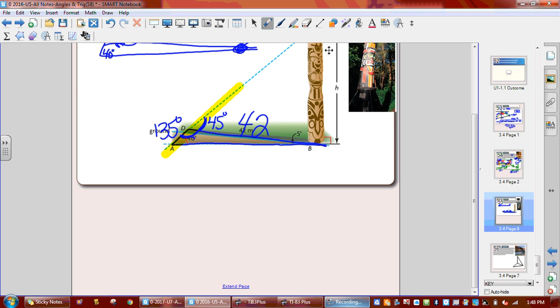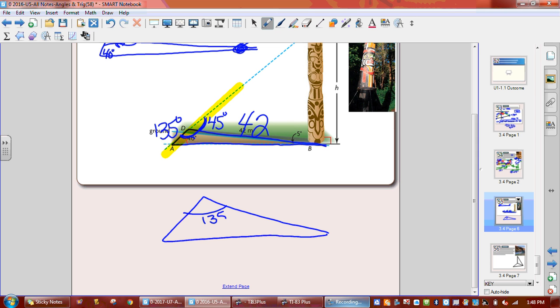Okay, do you see where I got the 45? It's kind of hard to see on that diagram. So this is 135, that's 40, that's 5, and then it's going to continue up.